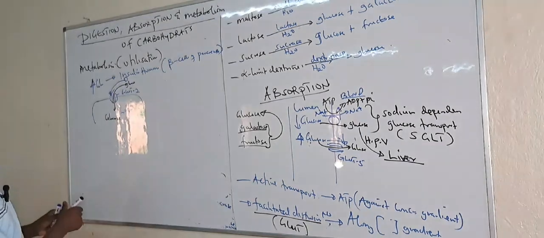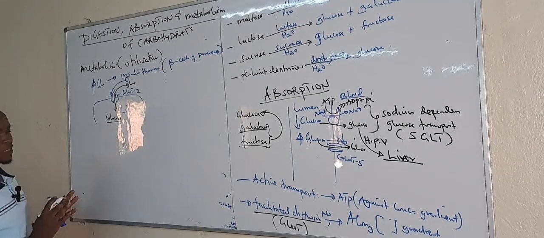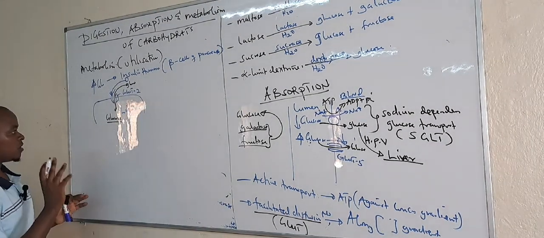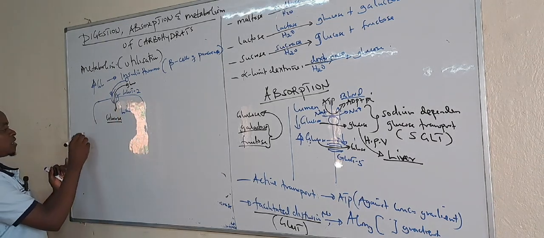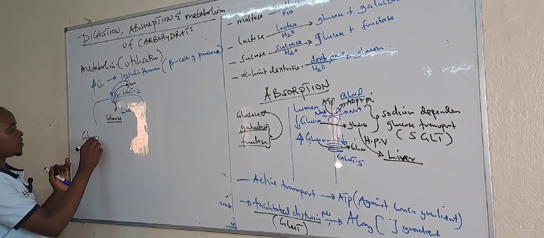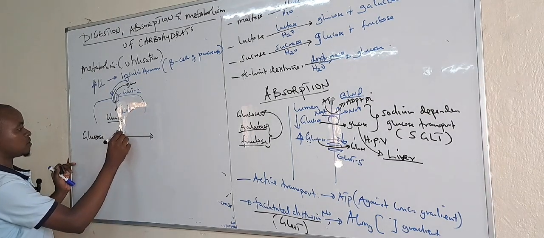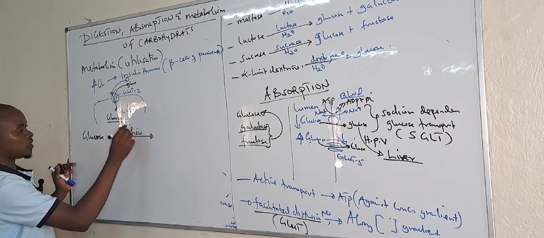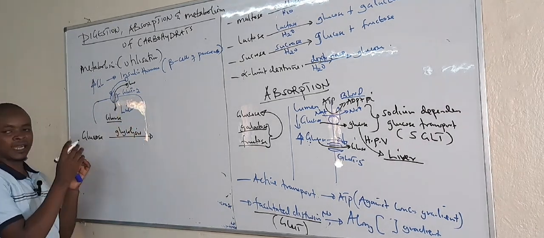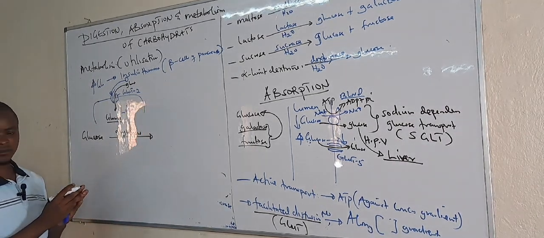So once glucose enters the liver cells, it is dealt with in ways, majorly three. The glucose in liver cells can undergo what we call glycolysis. Glycolysis is a catabolic reaction, isn't it?